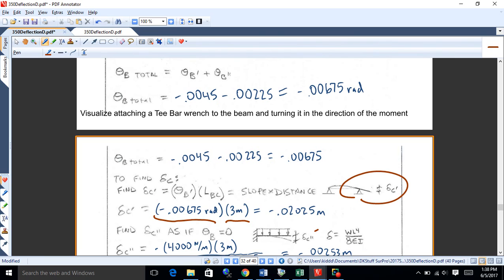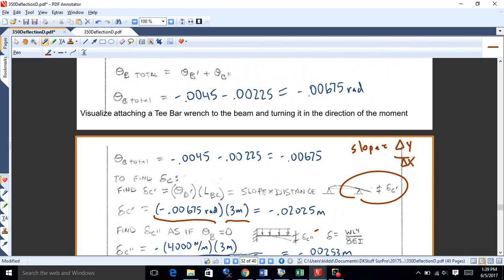Now, from there, if you just take slope times distance, you get the delta y, because what slope is, is delta y over delta x. So if you multiply that by delta x, how far over you're going, if that slope extends in a straight line, you'll get delta y, which is our delta.